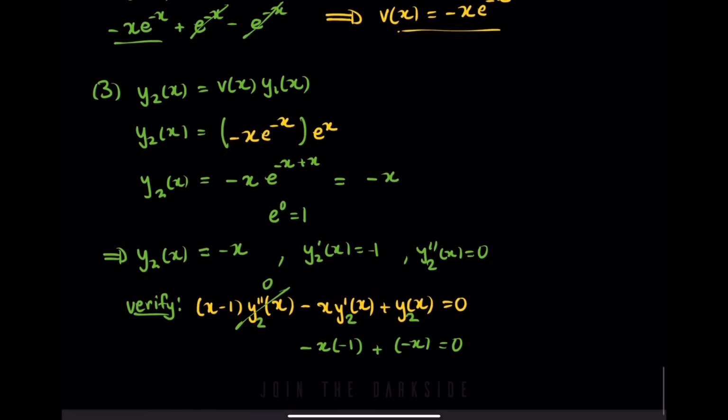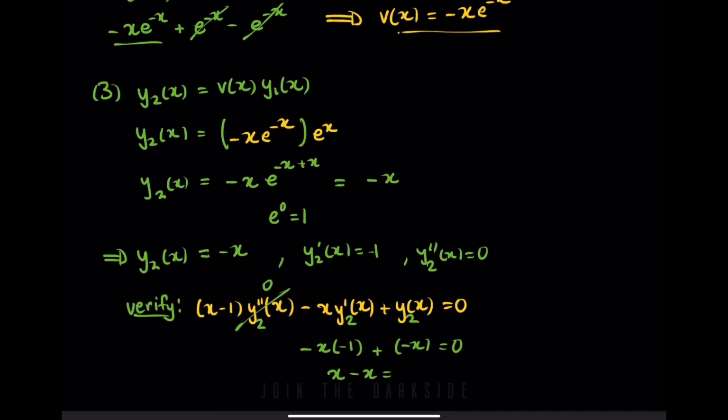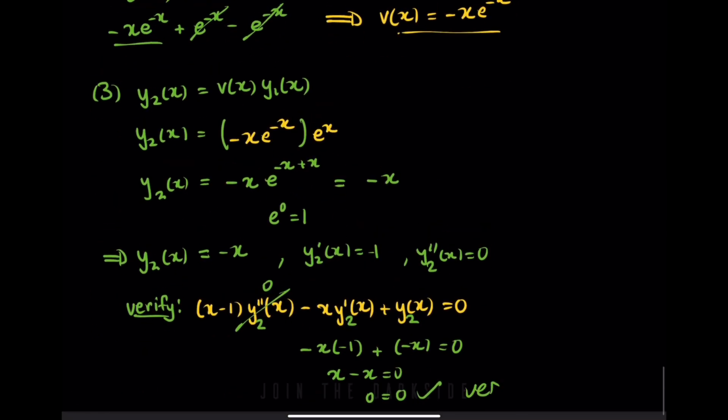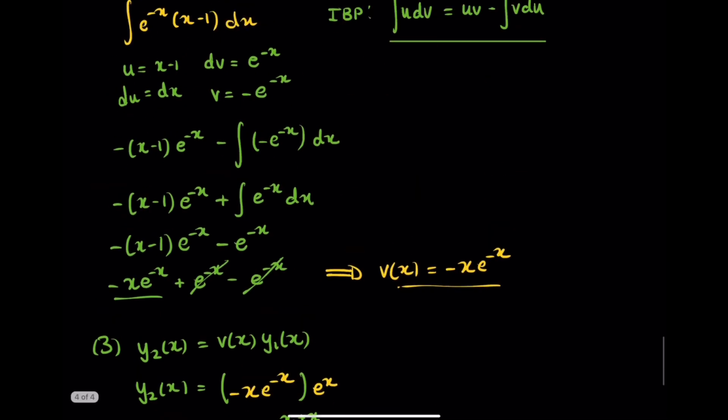So this is x minus x equals 0, and this is 0 equals 0. So that's true. This is verified.